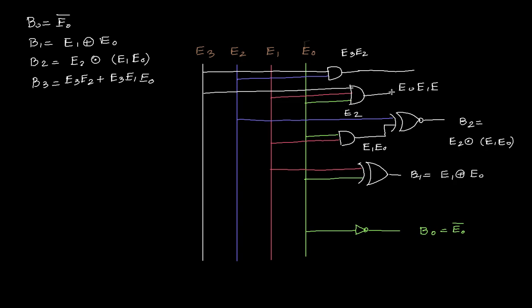They are connected with an OR gate, and then we get B3, which is E3 E2 plus E3 E1 E naught. So this is how we can find the outputs B0, B1, B2 and B3 from the Excess-3 code. So keep watching the video.